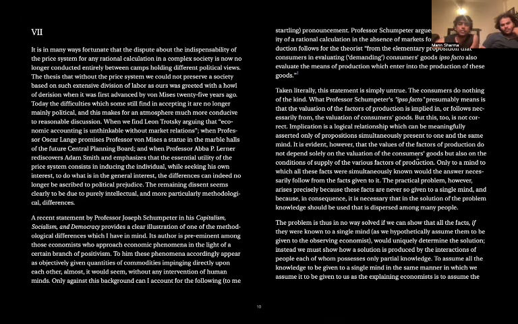So, first of all, what does Professor Schumpeter even argue? Okay. What he's saying is that from the elementary proposition that consumers, in evaluating consumers' goods, also evaluate the means of production which enter into these goods.